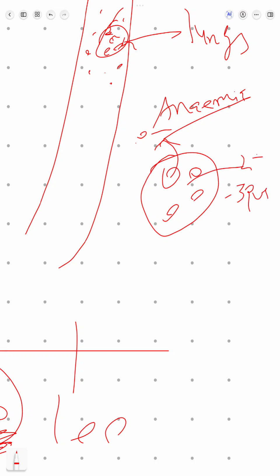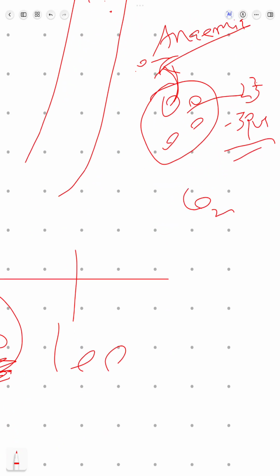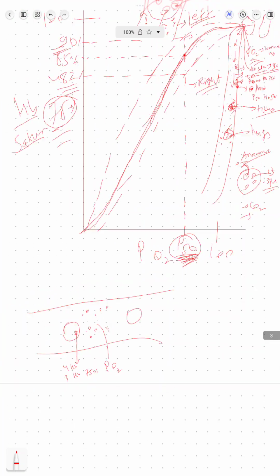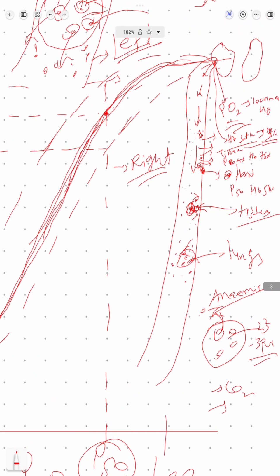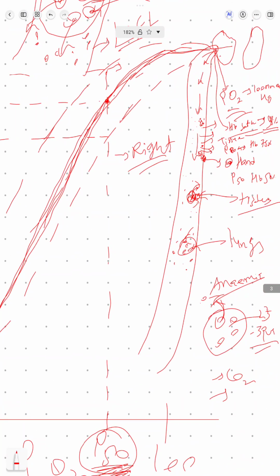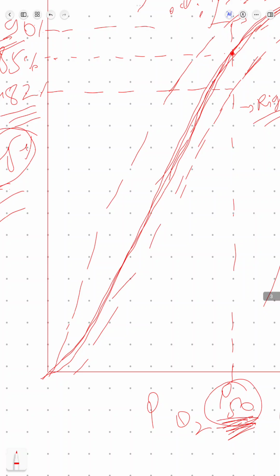This is not a single simple thing which contributes to the release of oxygen. There are more things like carbon dioxide and others you will study, and then you will easily get it. But the main thing I want to teach you is how these curves really work, what normally happens, and what happens in the condition of tension and in other conditions.